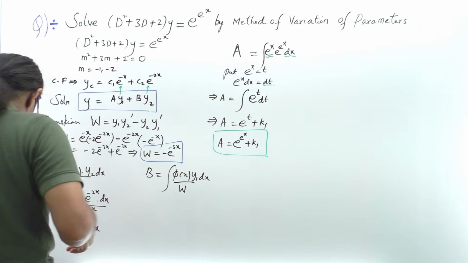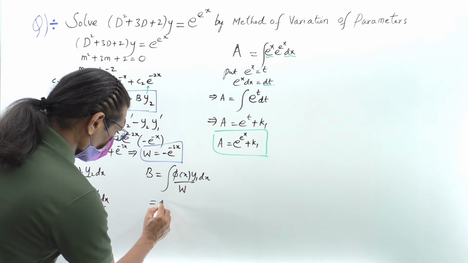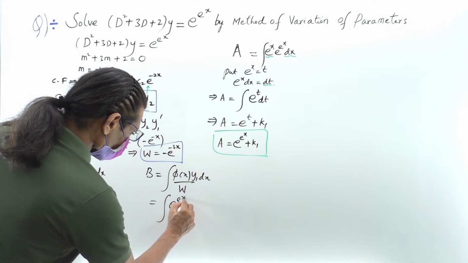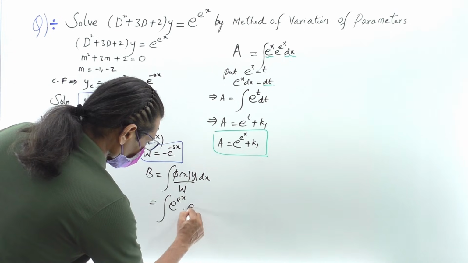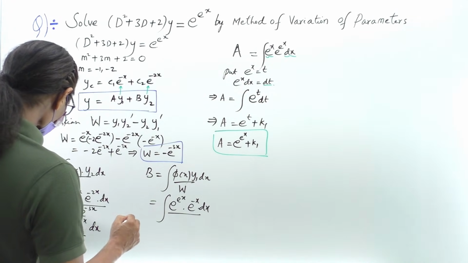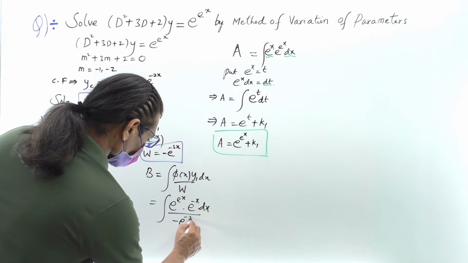Okay. Next, let's find b. So b will be again, this equals to integration of, what's phi of x again? It will be e raised to power e raised to x. And what's y1? Here y1 is e raised to minus x into dx over w, we have here minus e raised to minus 3x.